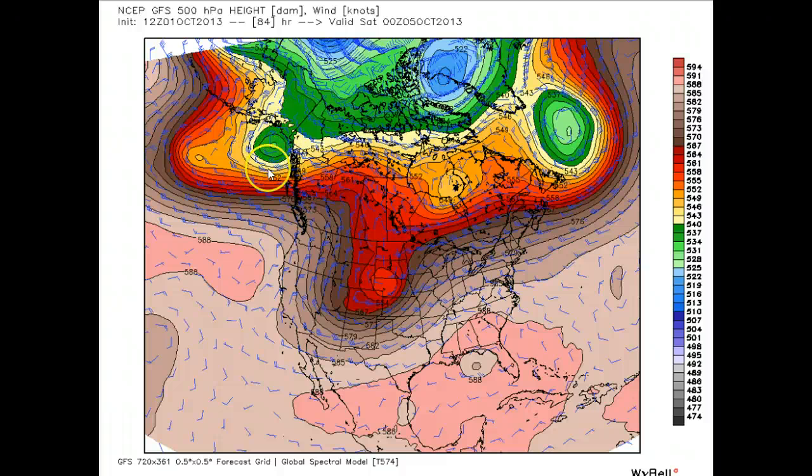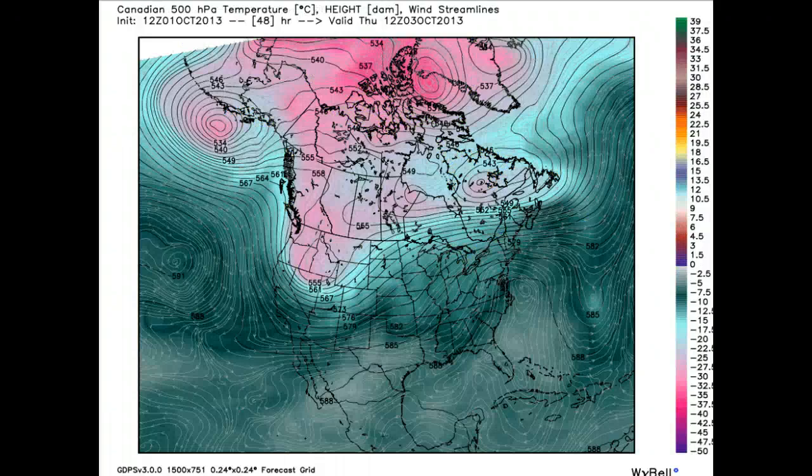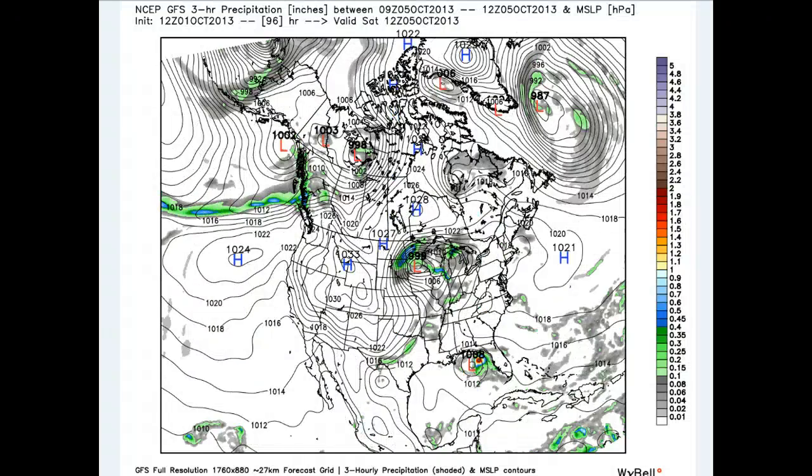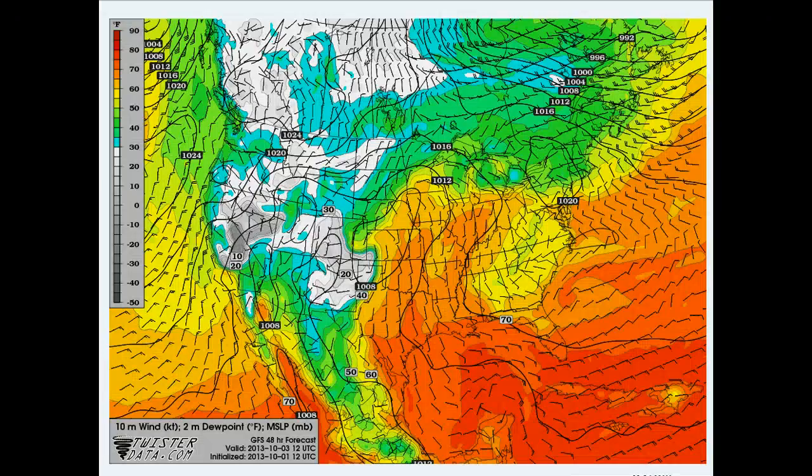I think that as this energy is coming into the Pacific Northwest, it's just going to cause this ridge to build, and for this energy to just keep coming around the base here and not get held back the way those other models are showing. So I'm kind of leaning right now towards the GFS with this system. We'll see how that plays out, but that's what I'm leaning towards.